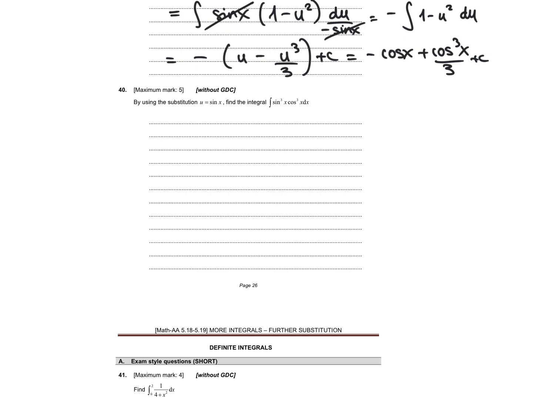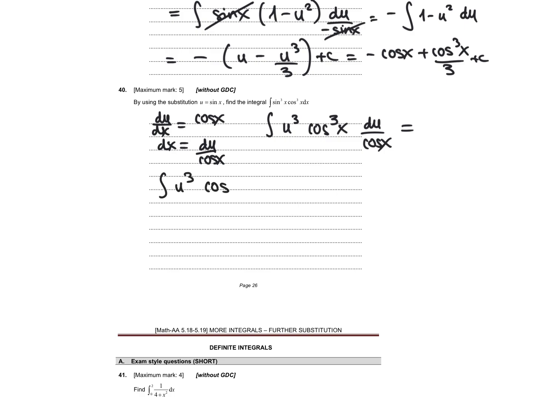All right, next. So du dx is going to be cosine x. So dx is going to be du over cosine. So this is going to be u cubed and then cosine cubed x du over cosine x. So this is u cubed cosine squared x du.